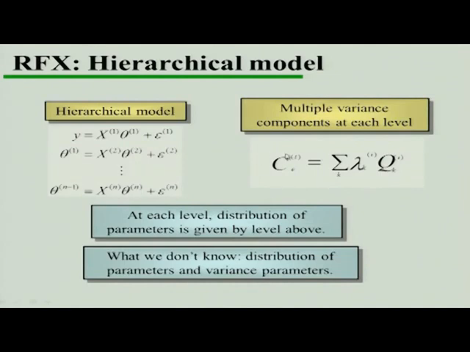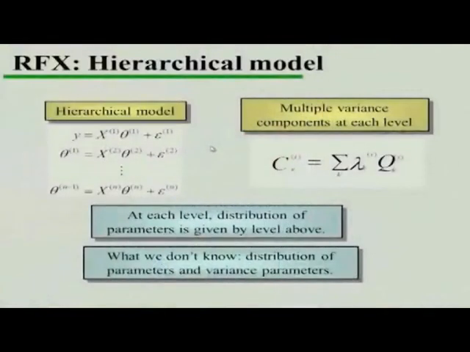And then at each level of the model, we have variance components, and given some data, we want to estimate the effect sizes at each level and the variance components at each level. And then given that, we can make an inference about the effects at any level in the hierarchy.